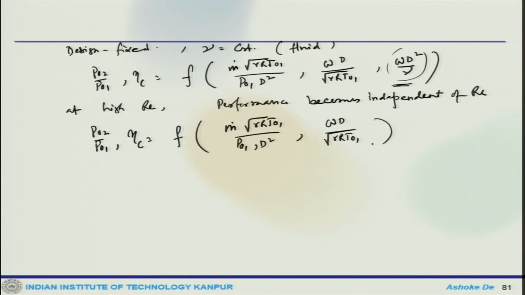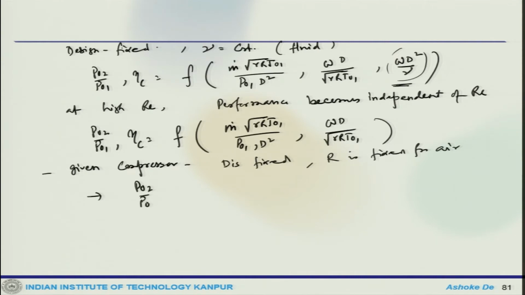Since for a given compressor, d is fixed and R is fixed for air, we can drop them from these non-dimensional groups, and what we retain is a function of m dot root T naught 1 by P naught 1 and n by root T naught 1.